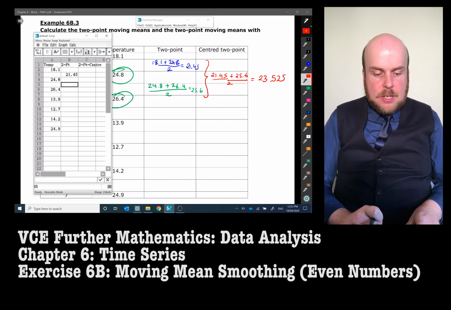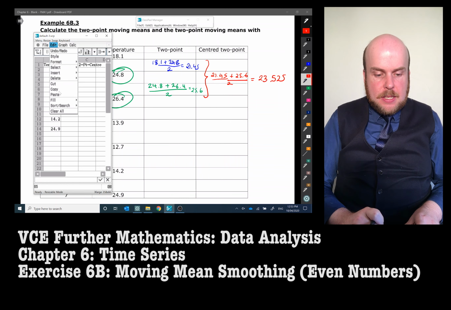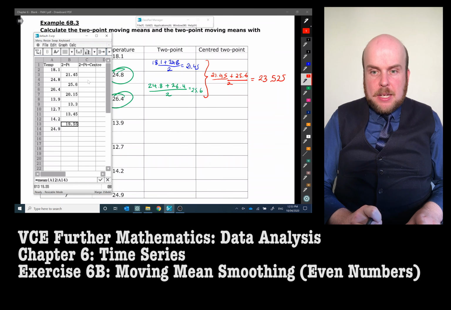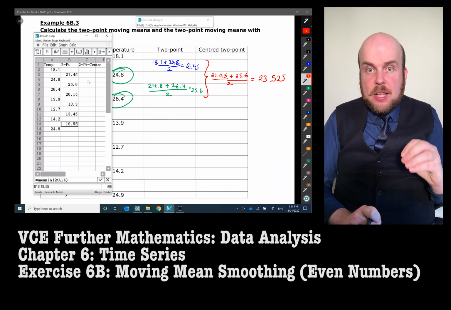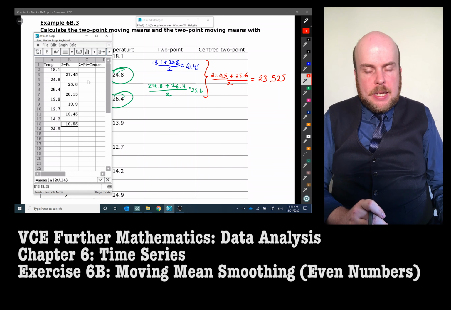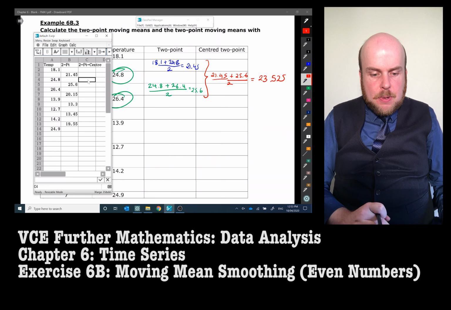What I'm going to do is copy this and paste it. Hopefully, yep, it is clever enough to recognize that I want to do it in between these. Because I've copied the formula rather than the value of the cell, it knows exactly what it wants to do.